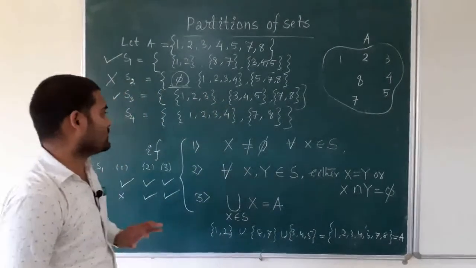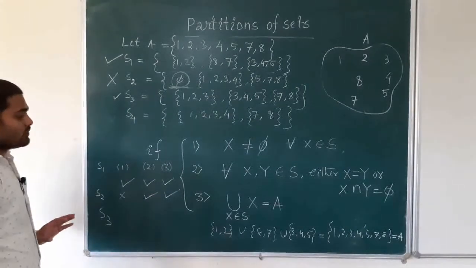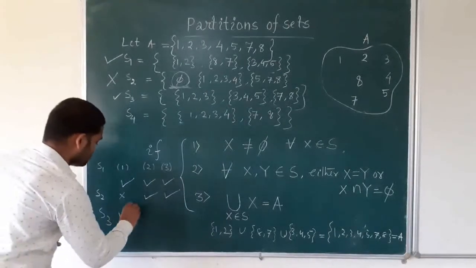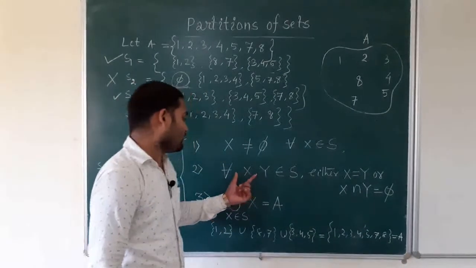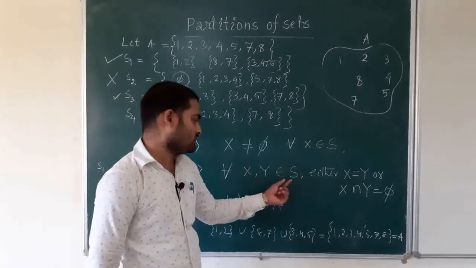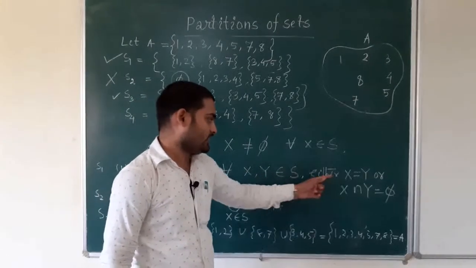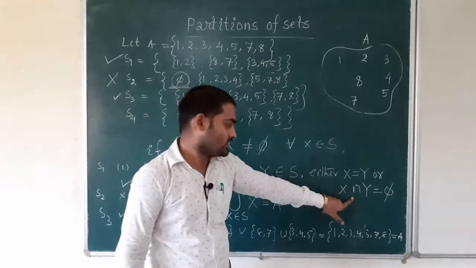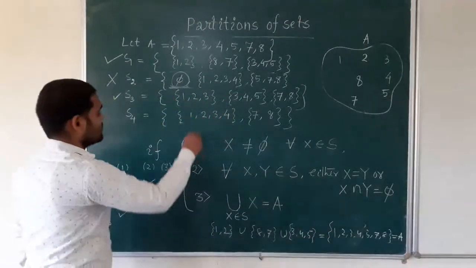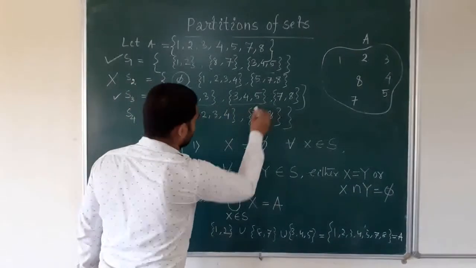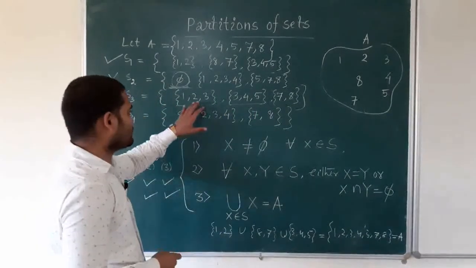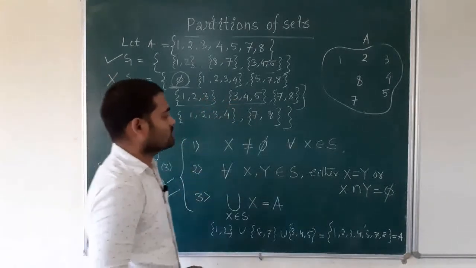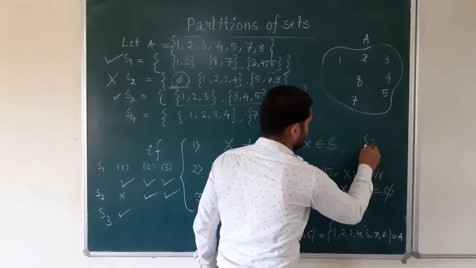Now the second condition: for every two sets in S, either identical or disjoint. Here you see this set and this set. If you find the intersection of these two sets, you get 3.